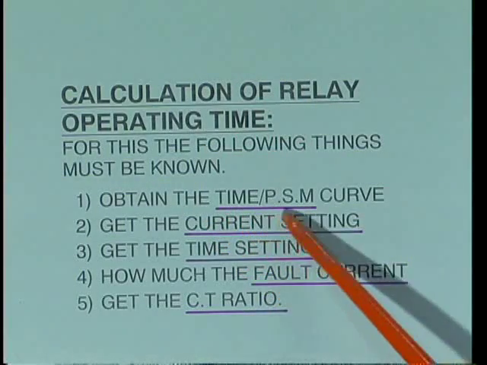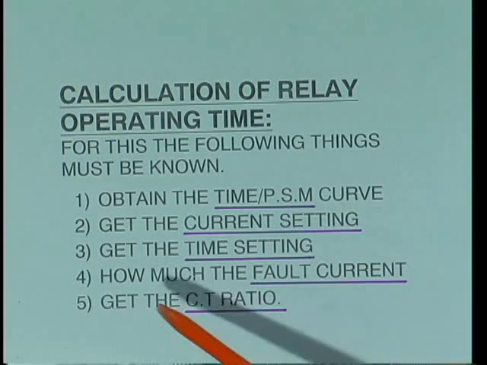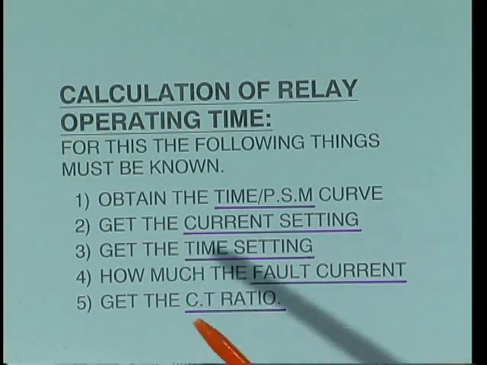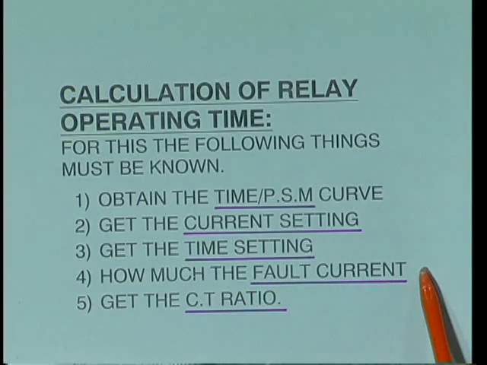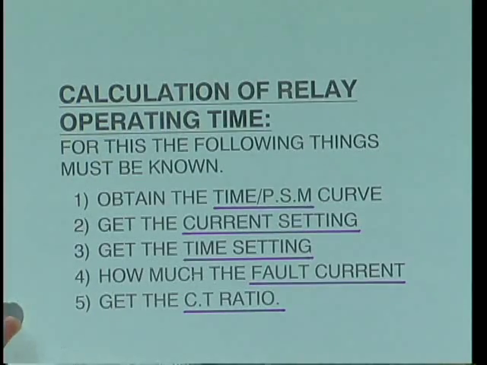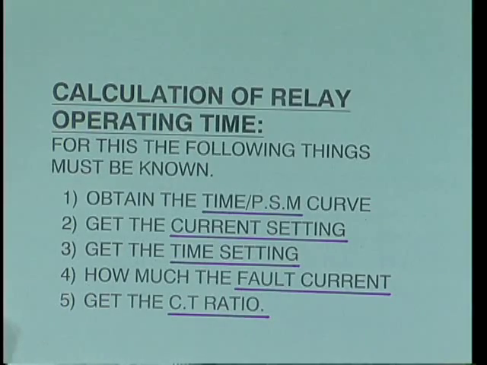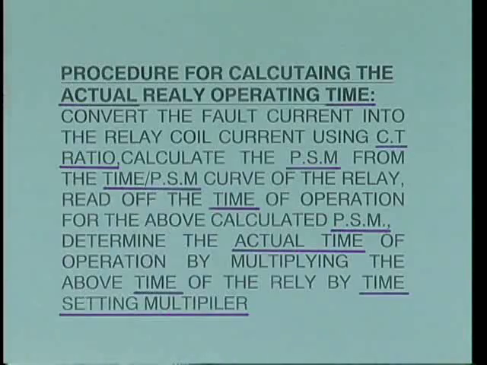For this purpose, calculation of relay operating time: to calculate relay operating time, the following things must be known. Obtain the time PSM curve, get the current setting, the time setting, the fault current, and the CT ratio. These should be known for calculation of the relay operating time. The procedure for calculating the actual operating time of the relay is like this.